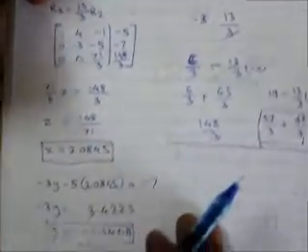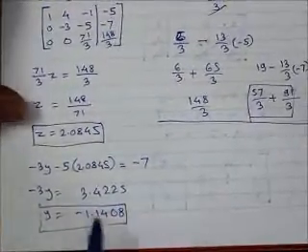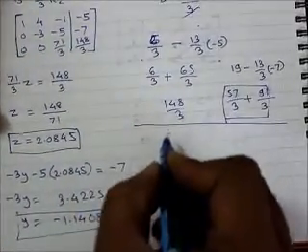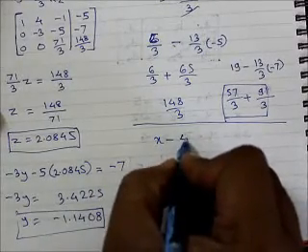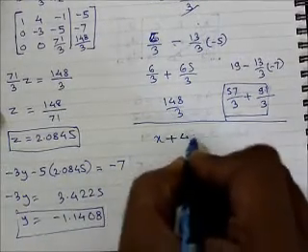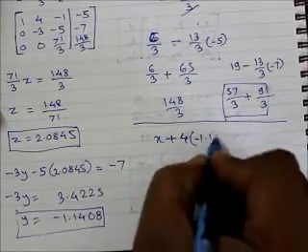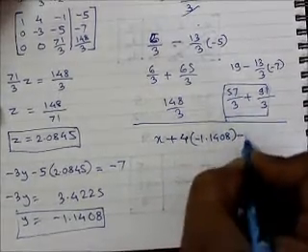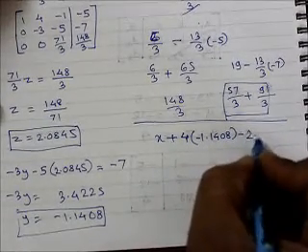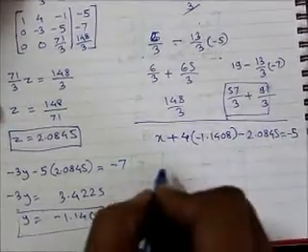Substituting both these values in the first equation over here, x minus x plus 4 into bracket minus 1.1408 minus 2.0845, that's equal to minus 5.